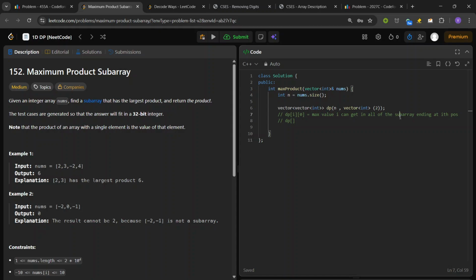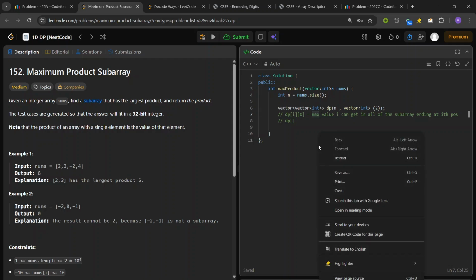And remember this line, this is important. These are the subarrays ending at this ith position, right? So you cannot take the maximum of all of the subarrays from this till this i, right?